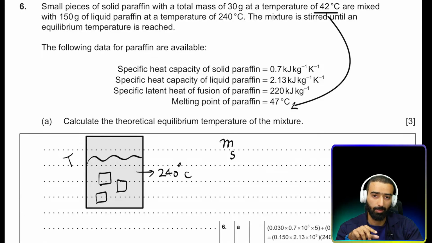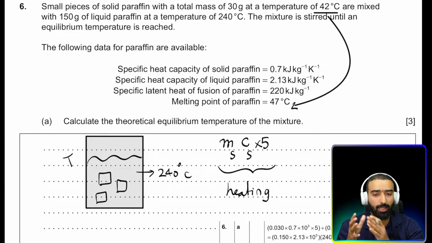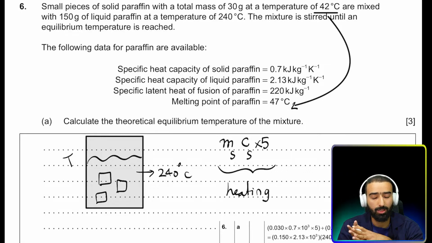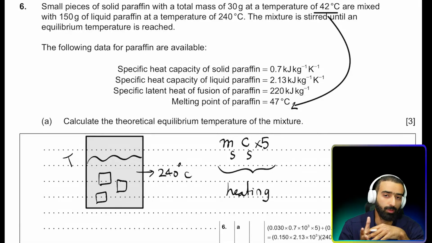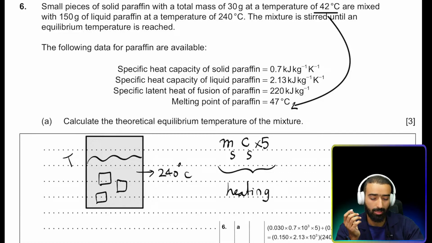I'll write that m_s, heat capacity of the solid paraffin times the temperature change, which is 5. So this is for heating. What happens after they reach the melting point? Now they're going to melt. How much energy are they going to take to melt? It's the latent heat. So that would be mass of the solid paraffin times the latent heat of fusion.